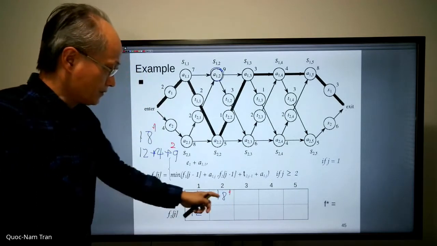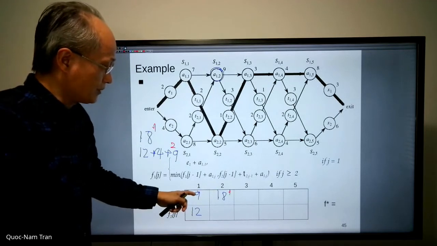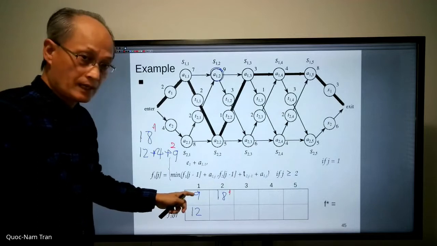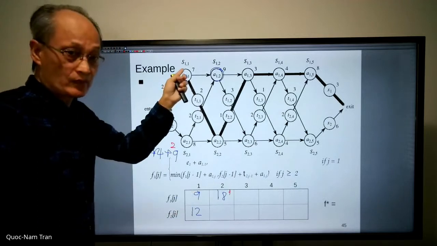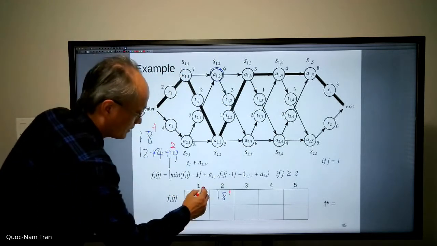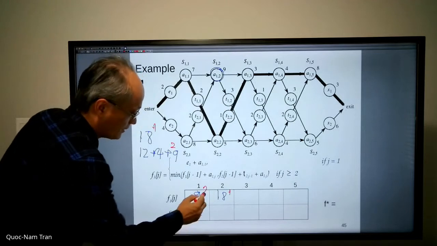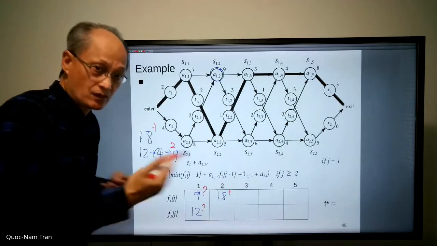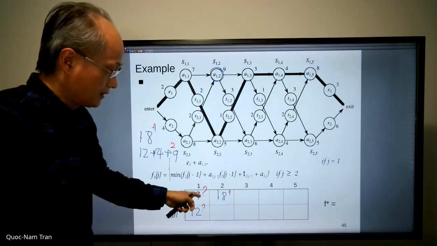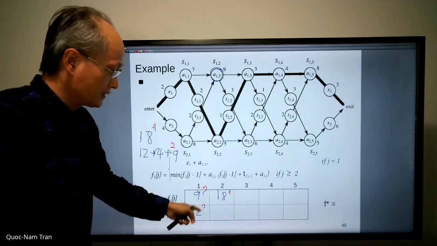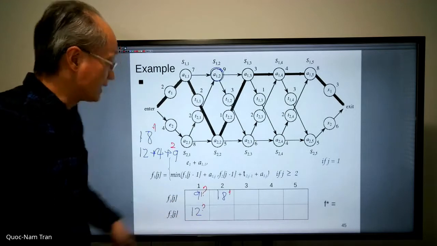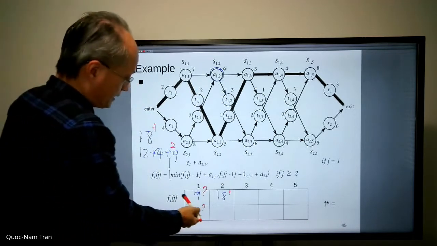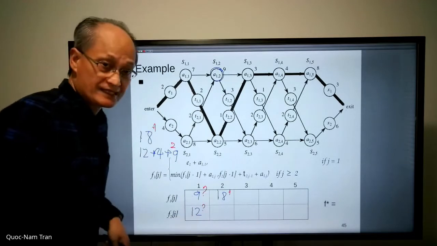For f1,1 we have only one way, so we don't have to record a direction. So f1,2 is 18.